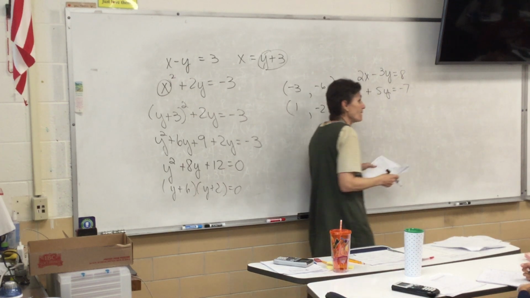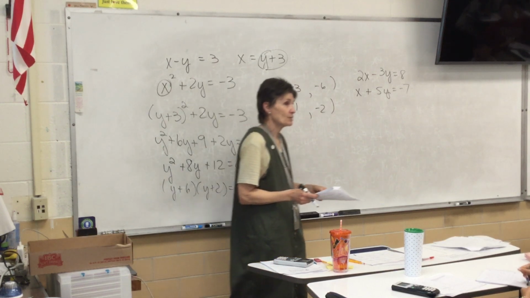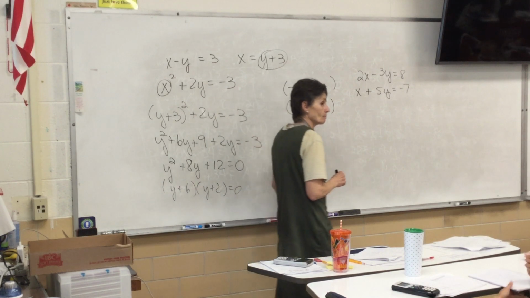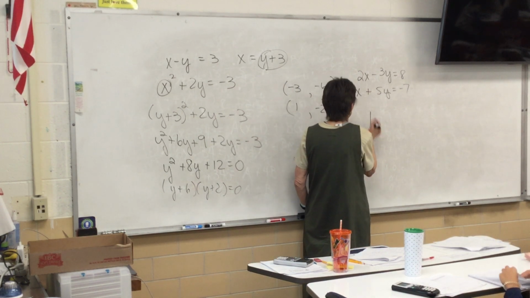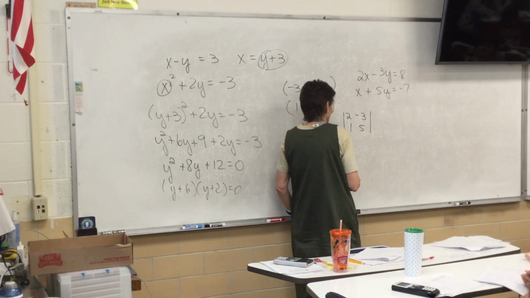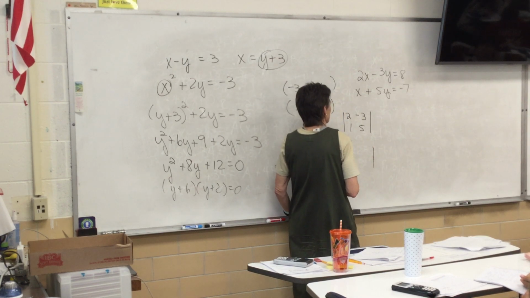Who remembers what we have to do if we're solving using Cramer's rule? You take the first numbers and make a matrix, so it would be 2, -3, 1, and 5, and then your second matrix is going to be 8 and -7. Okay, well, hang on.